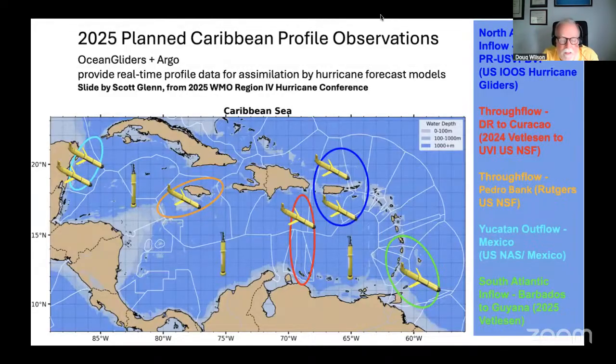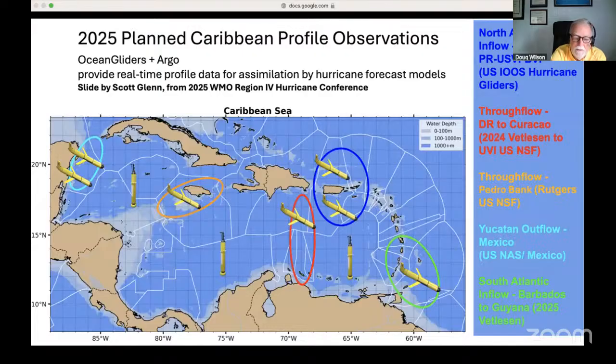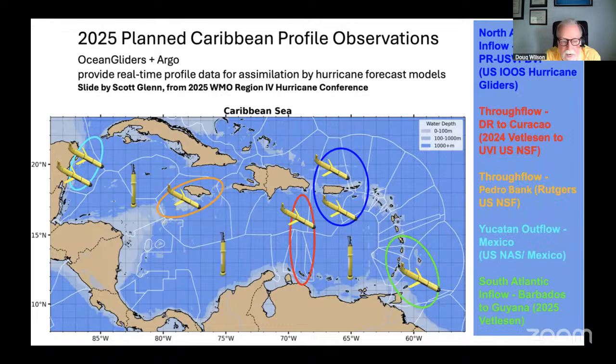So one of the things we want to do in IO-Caribe is expand this program, and essentially Barbados and CIMH are just one of many pilot programs that we're trying to do within the Caribbean. There's a lot of important areas that we want to measure, and you'll see ocean gliders in that southeast part in Barbados, up around where I am in Puerto Rico and the Virgin Islands.